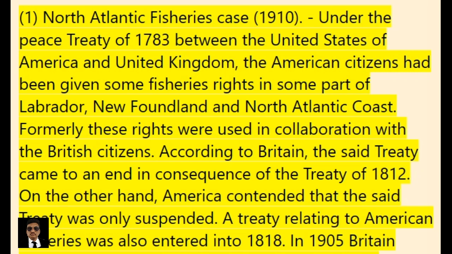A treaty relating to American fisheries was also entered into in 1818. In 1905, Britain captured certain American fishing ships. In this connection, there arose a dispute regarding the interpretation of the Treaty of 1818.